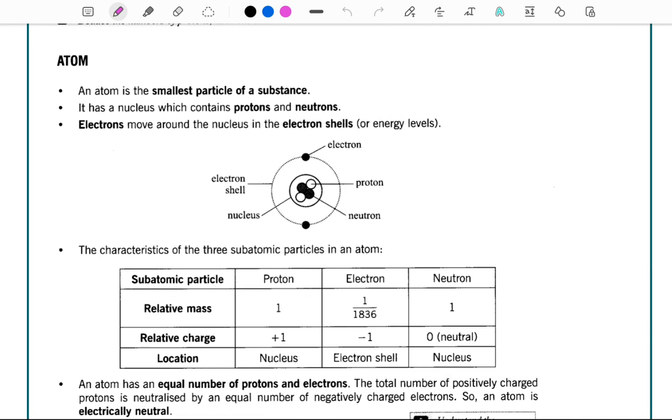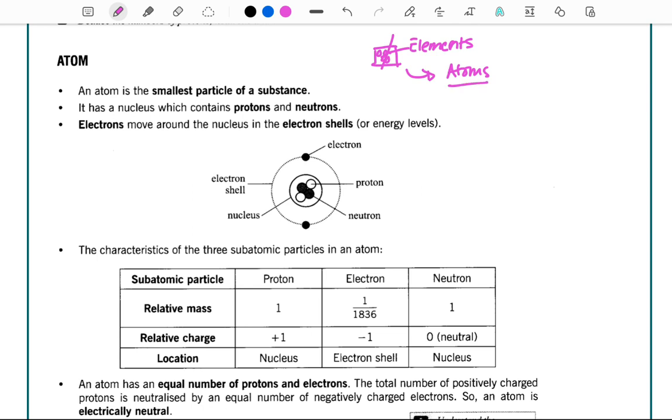So in this lesson, we want to talk particularly, let's say if we have our matter and then it consists of things that are called elements. If we break this matter, it will give us the smallest units, which are called atoms.